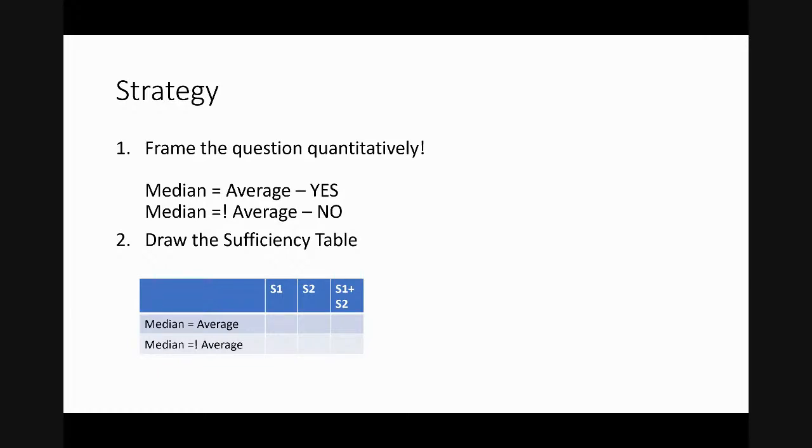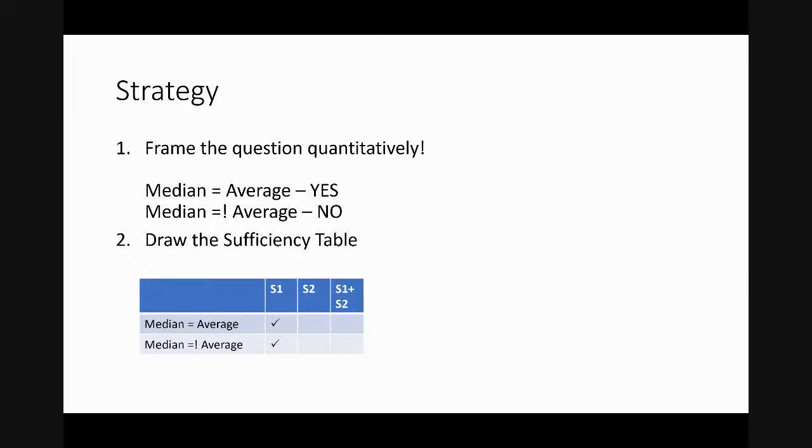If it's valid, I would put a check mark just like this. And then I will try to prove whether statement 1 also satisfies the second condition, which is median not equal to average. And if it does, then I will put another check mark, right?